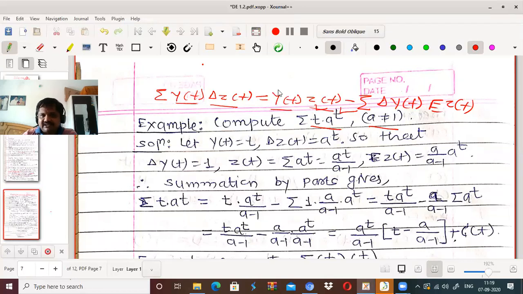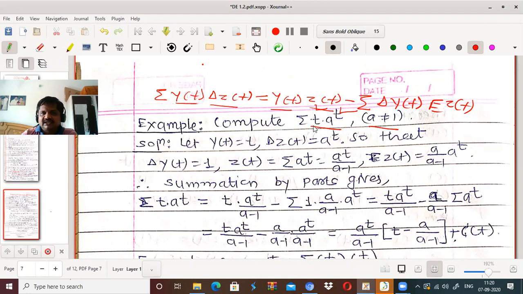First function as it is, integral of second function minus integral of derivative of first function into integral of second function. How has it been replaced here? First function as it is, summation of second function minus the summation of delta of first function into shift of summation of second function. Okay, this is integration by parts.